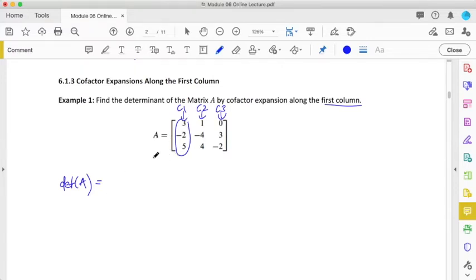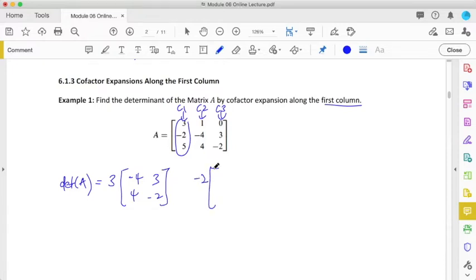So we have coefficient 3. Okay, so if you cover row 1 and column 1, you get this small 2 by 2 matrix where you get negative 4, 4, 3, and negative 2. And then you have negative 2 as your coefficient.